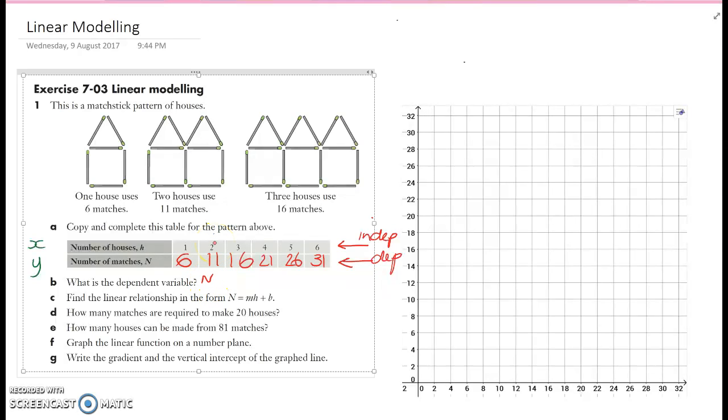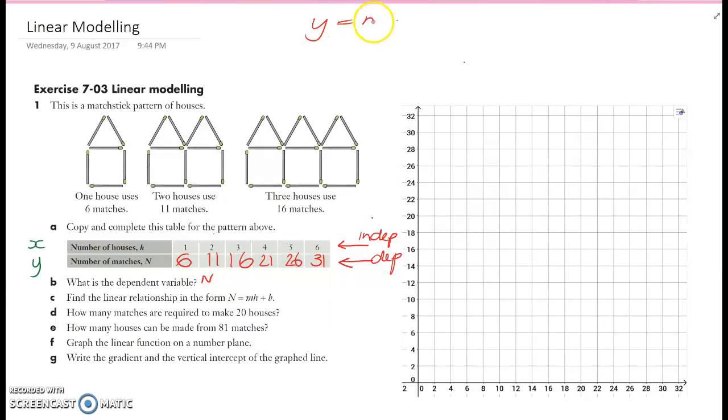Now normally we have y equals mx plus b, but you'll notice instead of x we've got h, and instead of y, we've got n. So that's what it's going to look like.